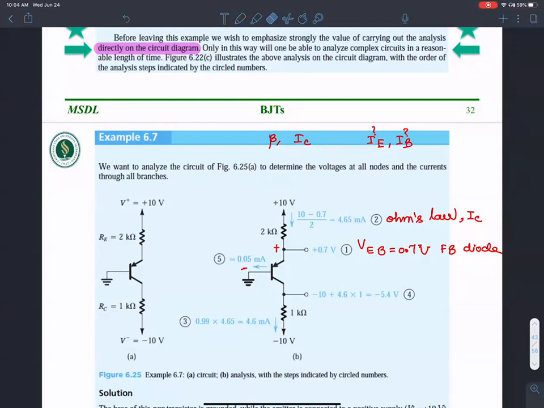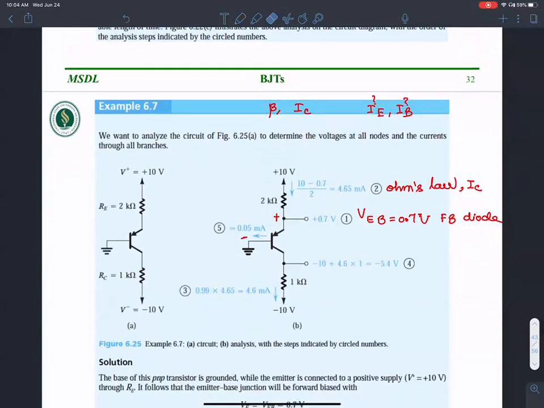Once you know the current gain factor in the active region, I should be able to calculate IE as IC over alpha. Alpha is simply beta by beta plus 1. So the third step is using these two, beta and IC, to calculate IE.